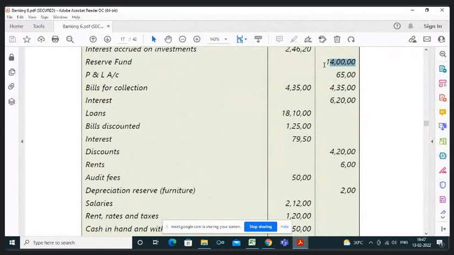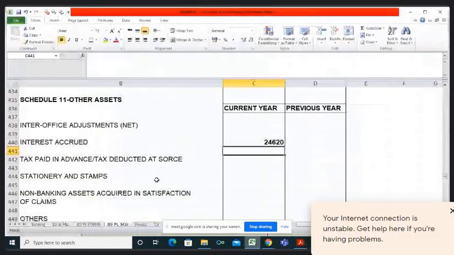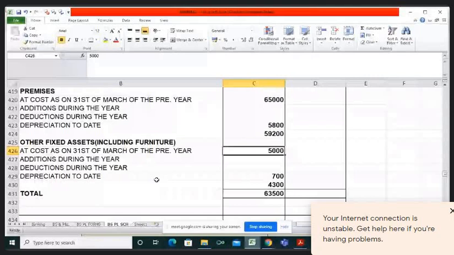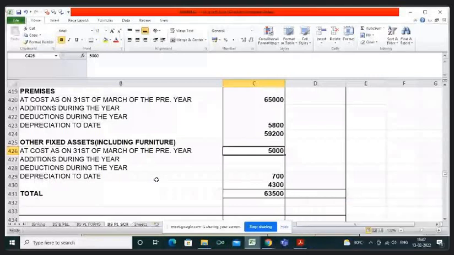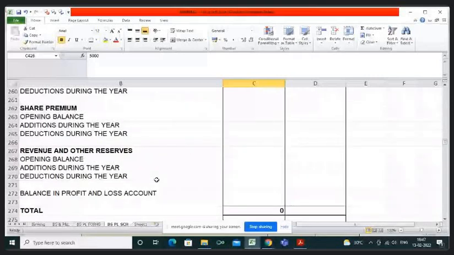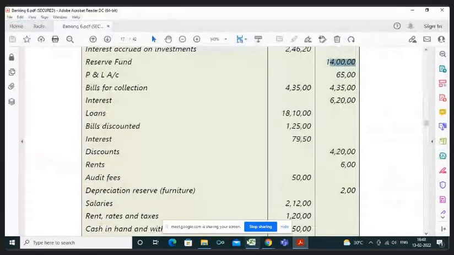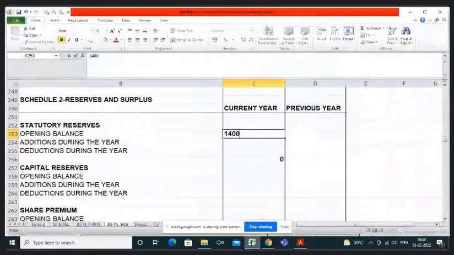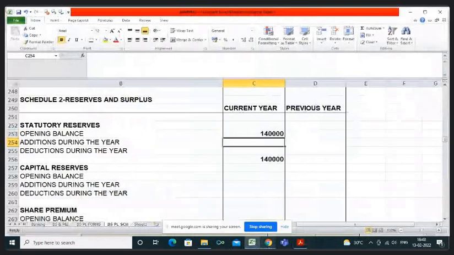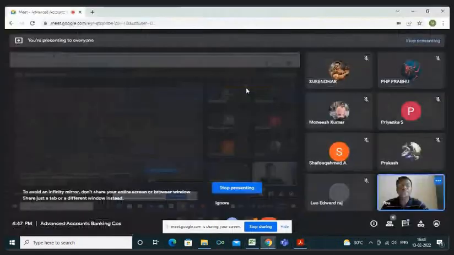So we'll move on to the schedule number 2 of the balance sheet. So statutory reserve, we have to give the opening balance. Amount of opening balance is 140000.